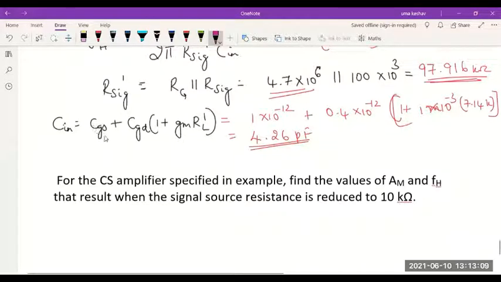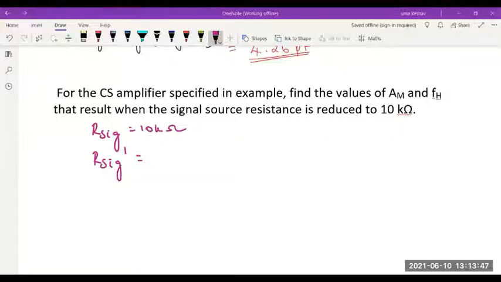See here, RSig is 10K instead of 100K. So RSig dash value will change.